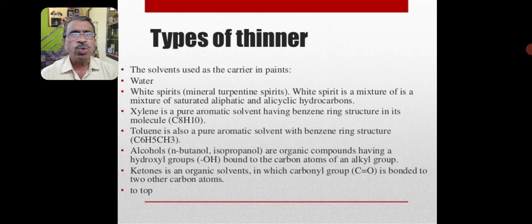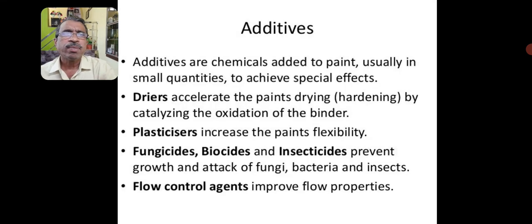Toluene is also used as a thinner with benzene. Alcohols like normal butanol and isopropanol are organic compounds having a hydroxyl group bound to the carbon atoms of alkyl groups. These are also used as thinners. Ketones can also be used as a thinner in various paints.